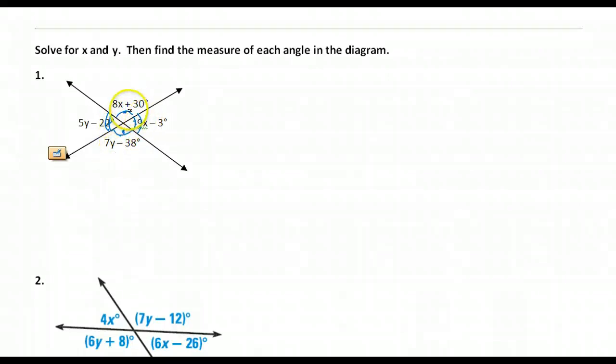So instead, I'm going to look at the two angles that involve x. The two angles that involve x are these two angles. And these two angles are adjacent, and they're supplementary, and they form a linear pair. So the formula that I can write is 8x plus 30 plus 9x minus 3 equals 180 degrees. These two angles are supplementary, so when I add, I get 180 degrees. Now I just need to solve for x.